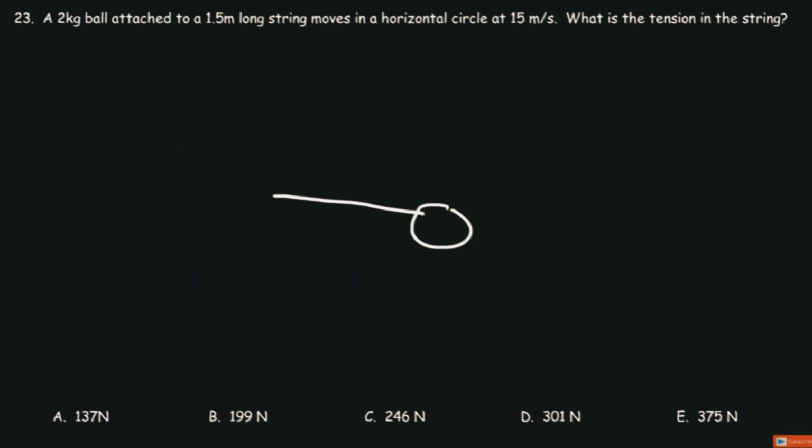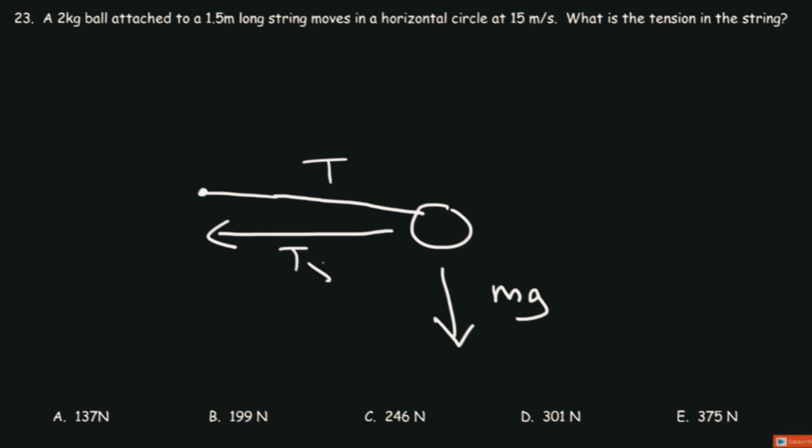Now we do have the weight force of the ball, which we need to take into consideration, and the tension has an X component and a Y component. And there's the angle theta. If the ball is moving very fast, Ty will be insignificant.